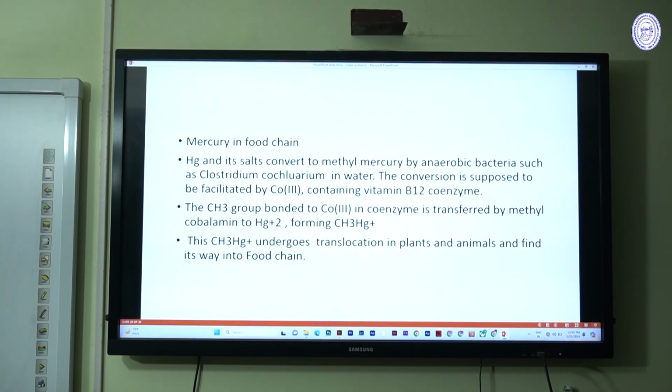The methyl group bonded to cobalt(III) in the coenzyme is transferred by methylcobalamin to mercury(II), forming CH3Hg+. This CH3Hg+ undergoes translocation in plants and animals and finds its way into the food chain.